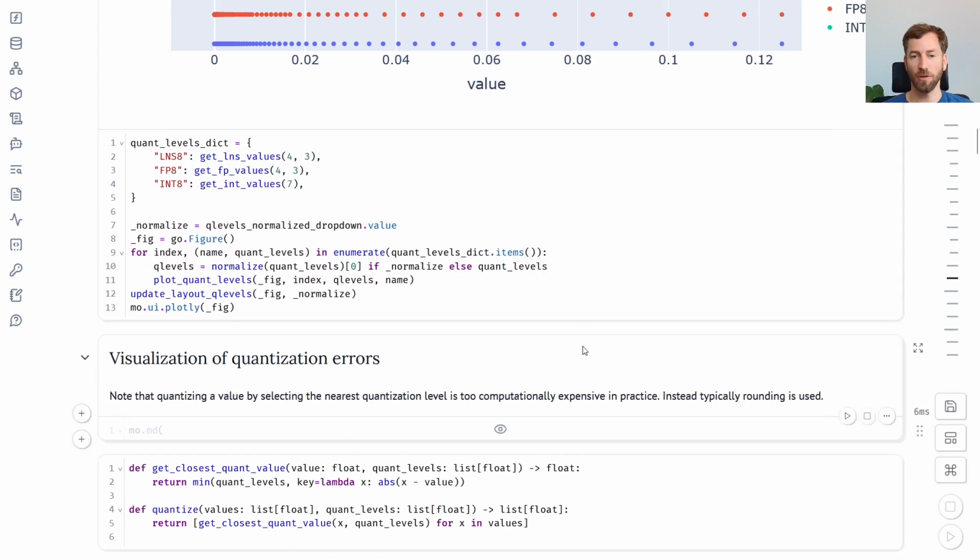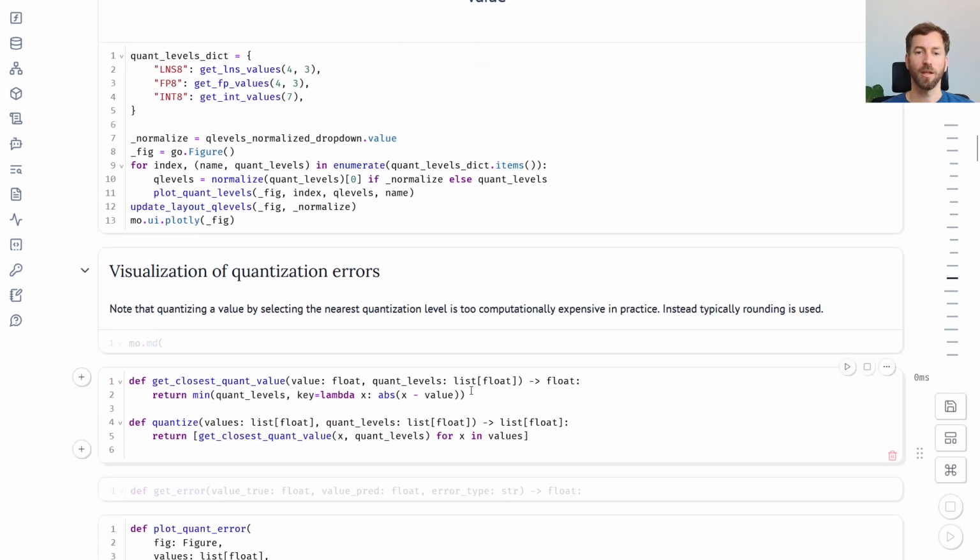And now let's have a look at the errors of these different data types, so the quantization errors. So how do we quantize? Here I use a very simple technique, which is not very performant in practice. And in the simple technique, we just choose the quantization level that is closest to the original value, which can be seen here.